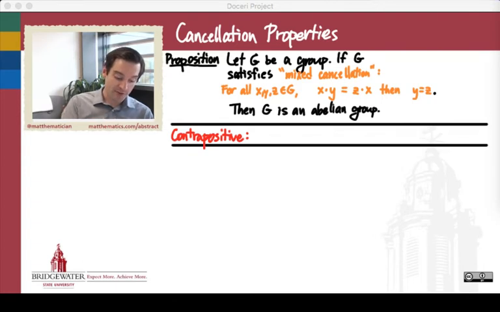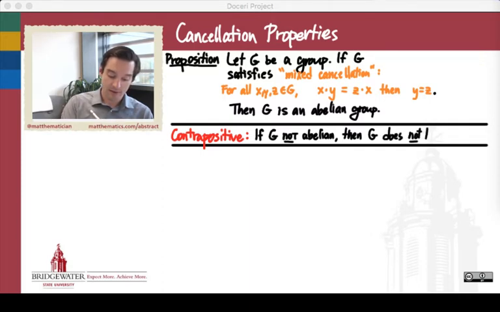And the contrapositive is, if G is not an abelian group, then G does not satisfy mixed cancellation.